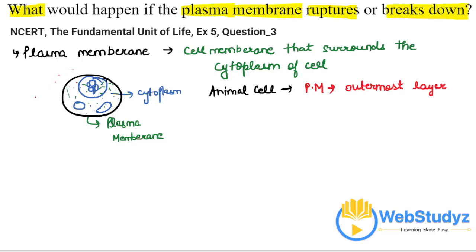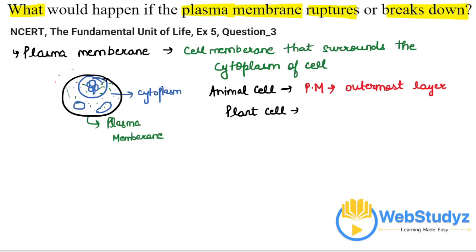Now, if I talk about plant cells, we know that within plant cells, a cell wall is present, and that cell wall is present beyond the plasma membrane, like here. Here, there will be a complete cell wall present.